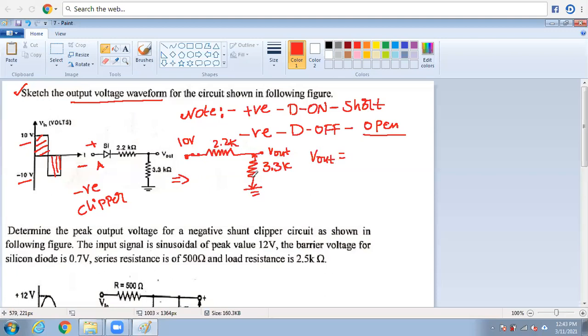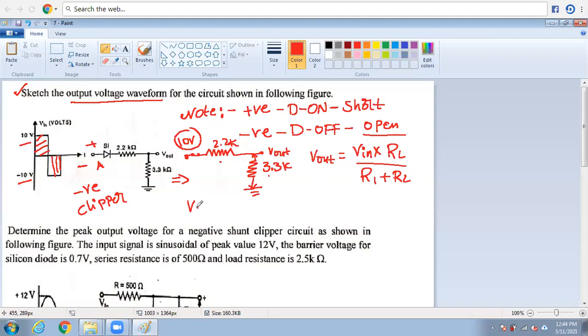V out equals the input voltage times the particular resistance, which can be treated as RL, divided by the total resistance, R1 plus RL.